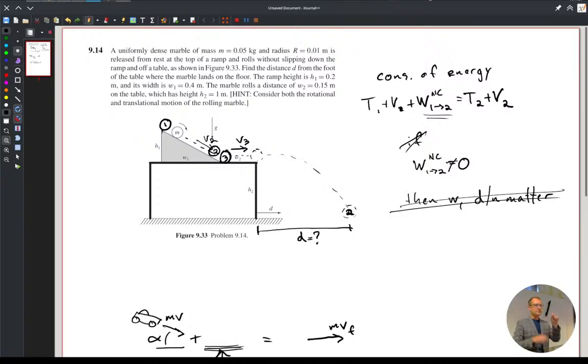Going from V2 to V3 is just due to the table changing our velocity. And then finally, we can say we roll some distance. Now we're moving at V4, and V4 is going to bring us to a projectile motion kind of problem until we hit the floor. At least this is how I think about and break these problems down. There's other ways to do it, but it works, gets you there.